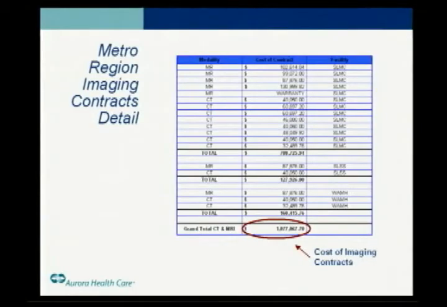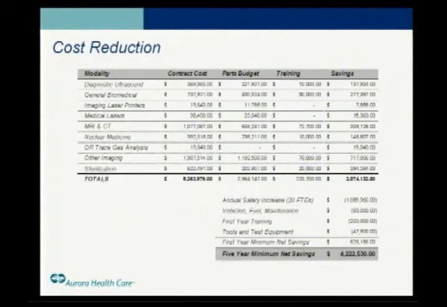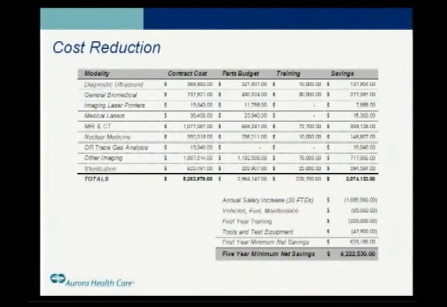Very quickly, I want to walk through the cost reduction methodology that we used when we met with finance. Here's just a snapshot of the contract costs for that metro region. We had just over $1 million in contracts for just CT and MR. And this shows adding in all of the other contracts for diagnostic ultrasound, the stuff in general biomed, imaging, laser printers, Nuke Med, and other various things.